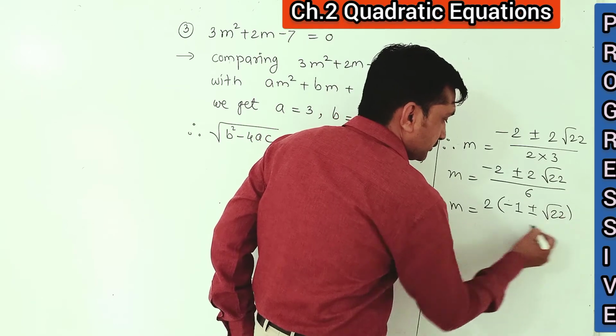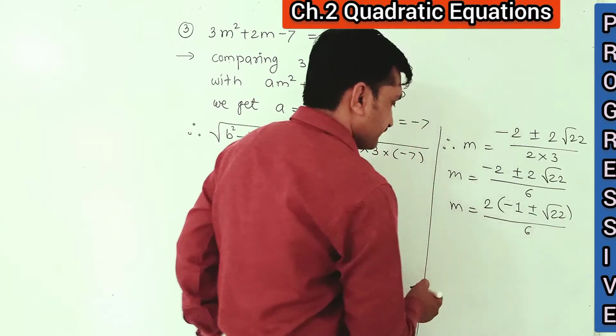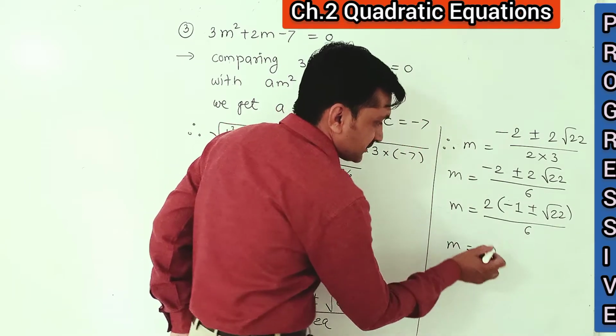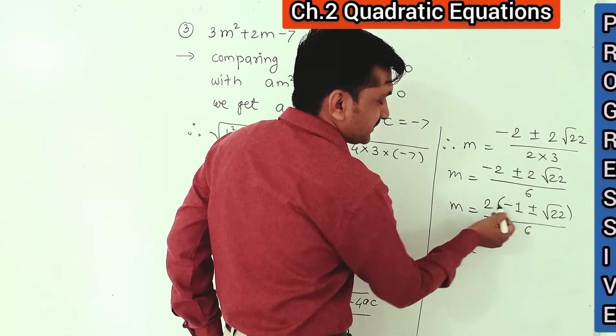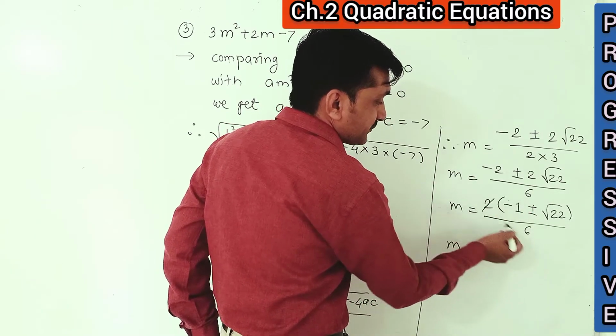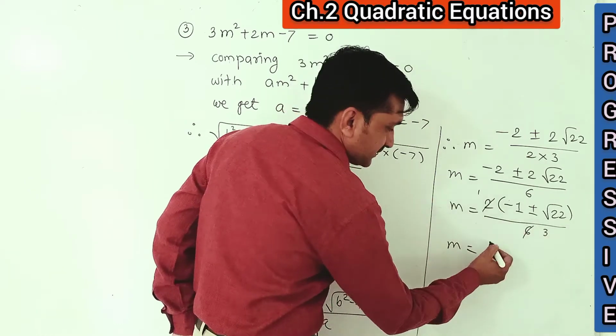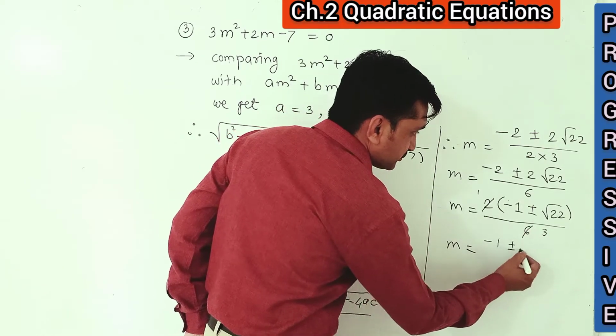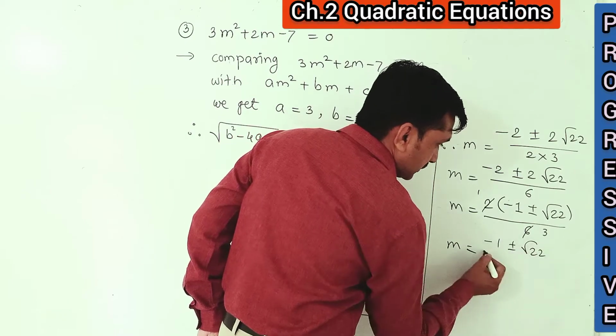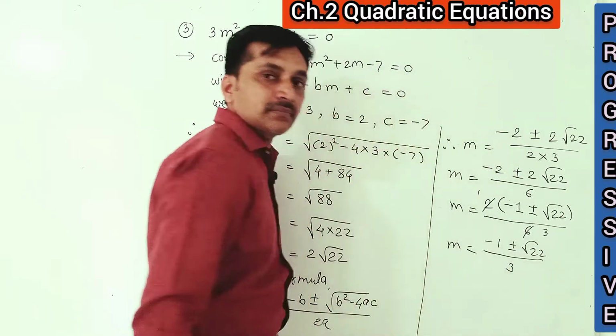Root 22 divided by 6. m is equal to, next step, now see here 2 multiplied by this bracket, therefore we can reduce here by 2. 2 ones are, 2 threes are, and what is left now? Write down minus 1 plus minus root 22 upon 3.